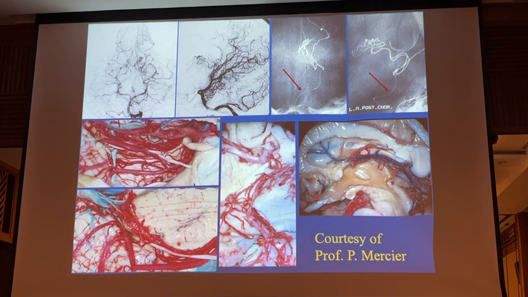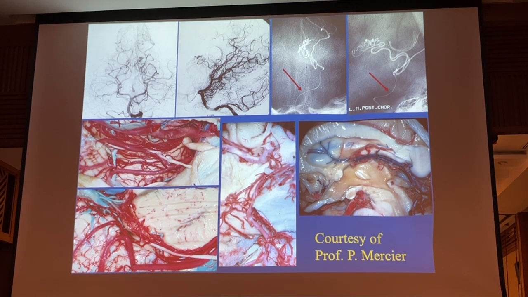This is one example of an arteriovenous malformation of the third ventricle. You can see a selective injection of the posterior medial choroidal artery in AP and lateral projection, with the microcatheter tip here. You can see the course of this artery going to the velum interpositum and eventually to the third ventricle, supplying this arteriovenous malformation.